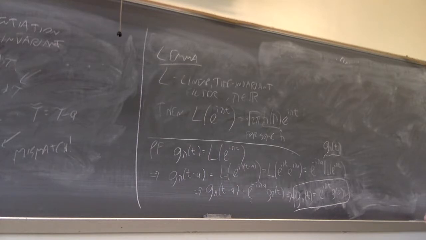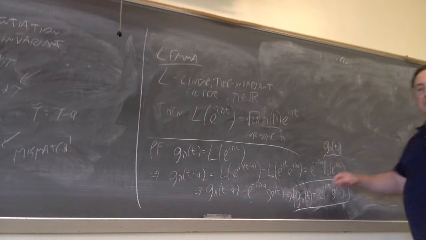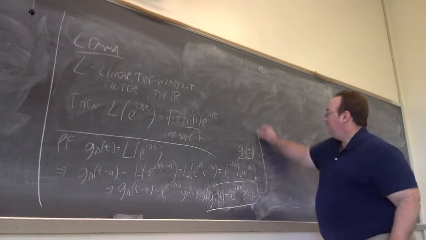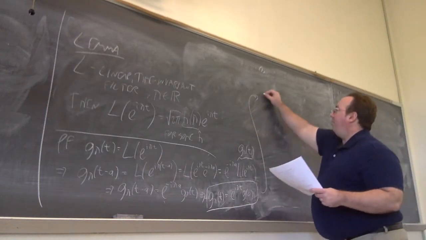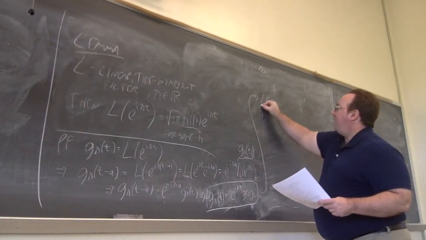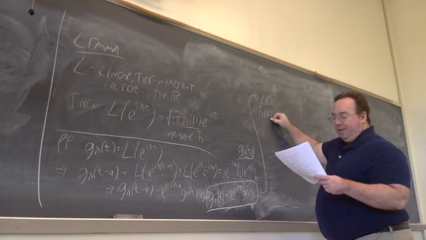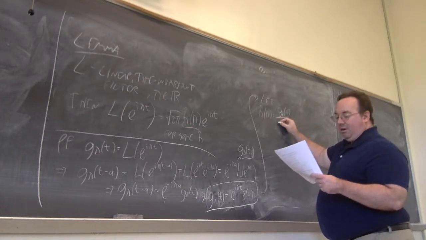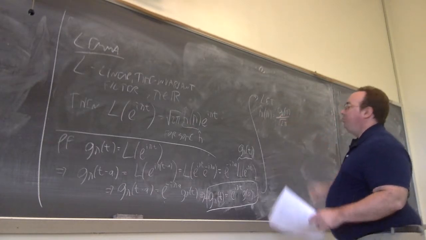Okay. But the thing is, this is the action of a filter. So now what I'm going to do is define h hat of lambda to be equal to g lambda of 0 over the square root of 2 pi.